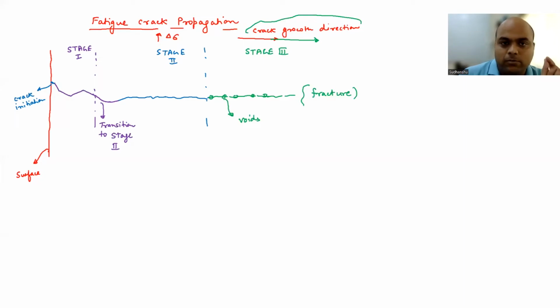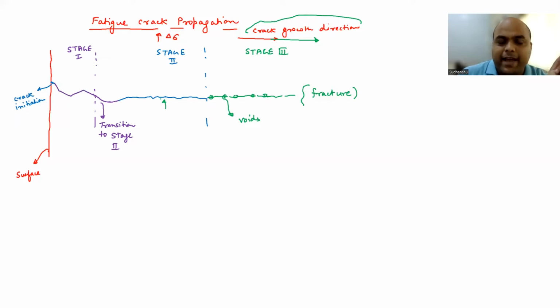The crack path is almost perpendicular to the loading direction in stage 2. You can see here the blue one. Your loading direction is this, and the crack growth is almost perpendicular to the loading direction.